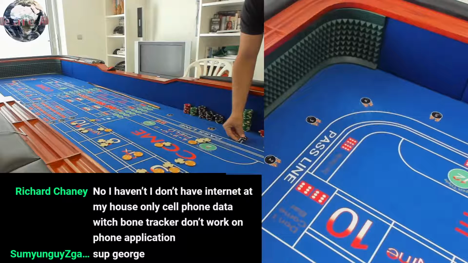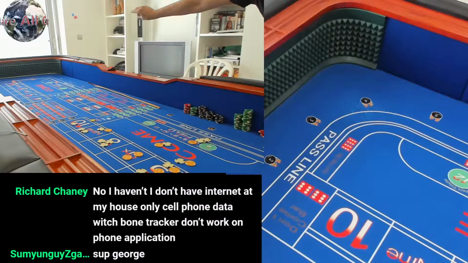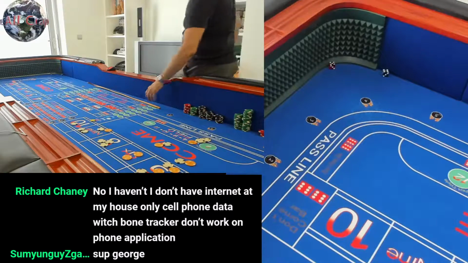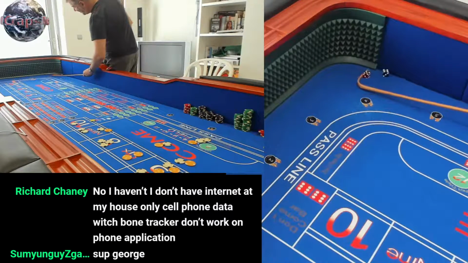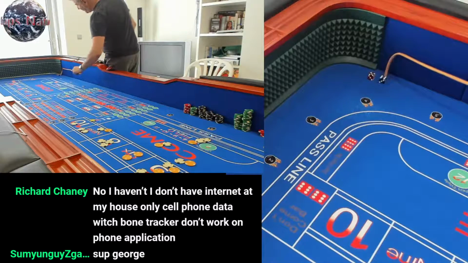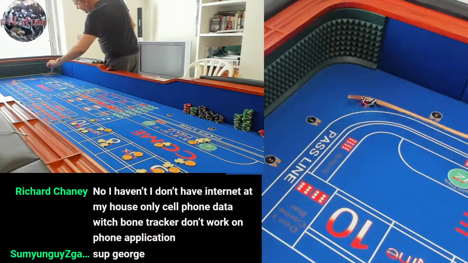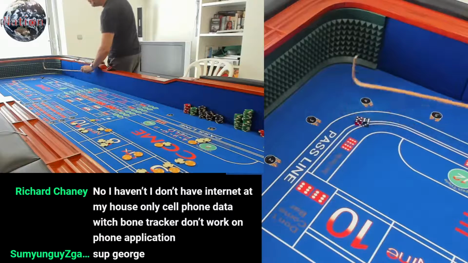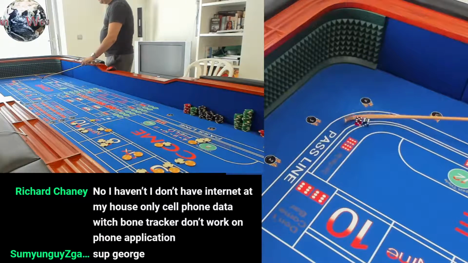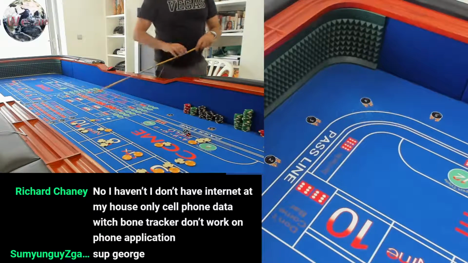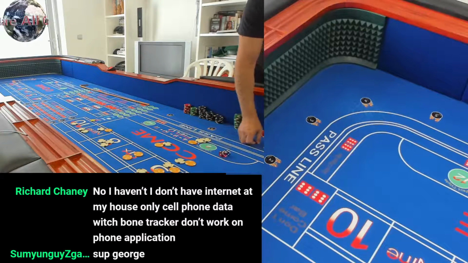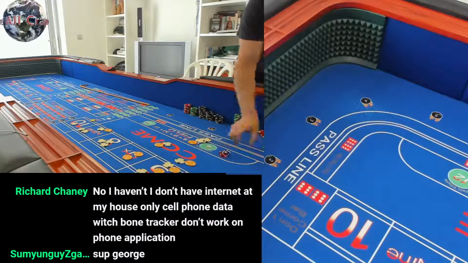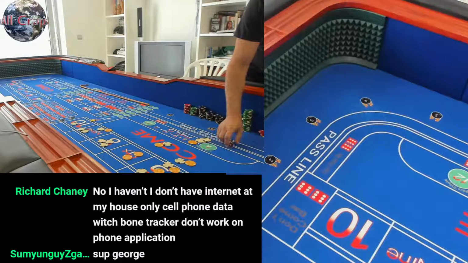Dice out. No, it's not. But the hard 6s were there. I don't know if you can see them from the side view. 5, 6, 2, 3.